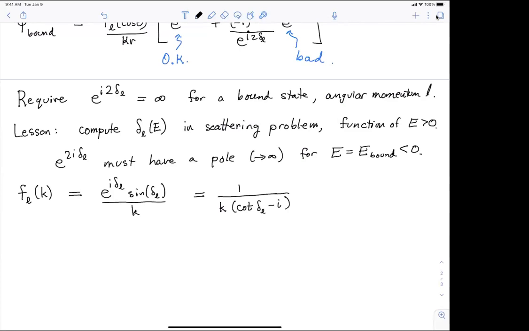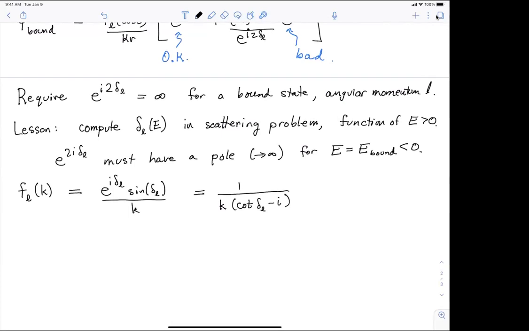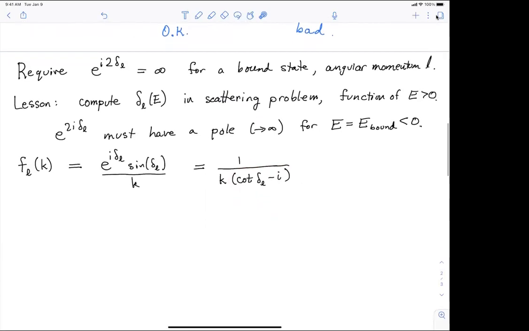So you can show those are equivalent by just using the trig identities and using the expression for e to the i delta L. Okay, and so that thing is proportional to e to the 2i delta L, and so we should see a pole as being a place where cotangent delta L is equal to i. So notice the delta L for that situation has to be complex, as opposed to scattering where it's always real.